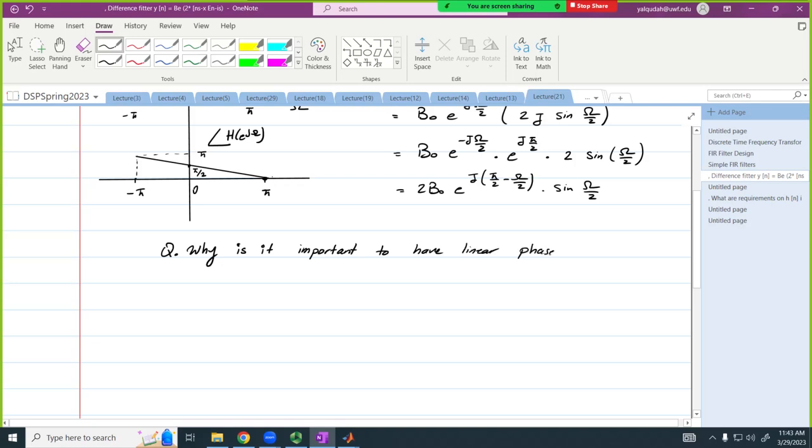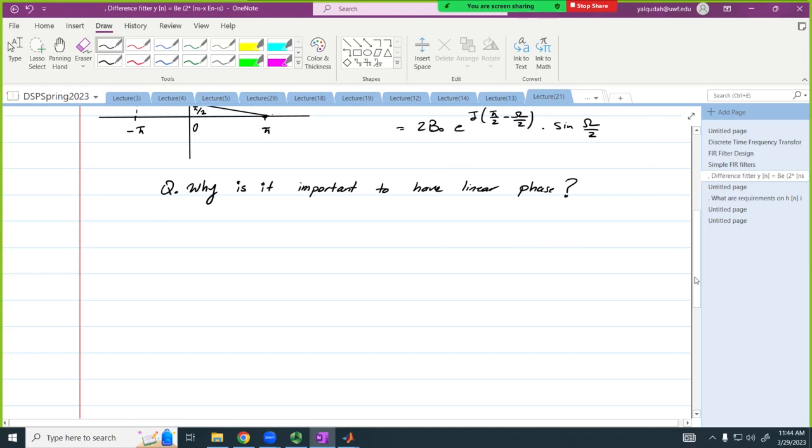And of course, this applies to any system, to any filter, to any system that takes an input and generates an output, whether it's continuous or discrete, whether it is a filter or any circuit.